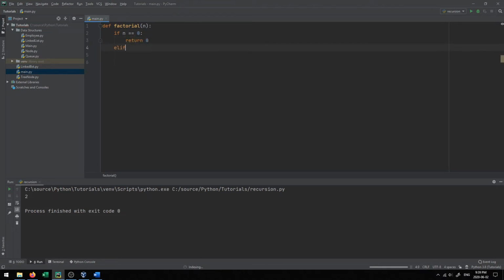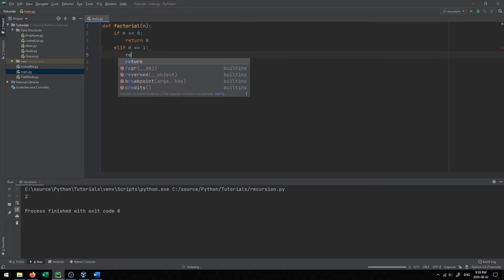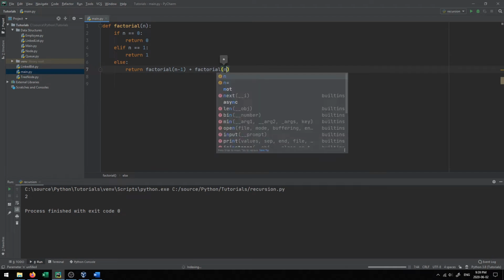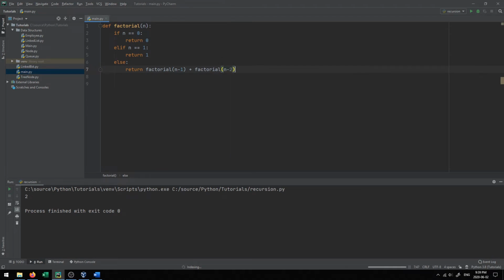If n is equal to 1, the function's value is going to be equal to 1. And then in all other cases, the function's value is going to be equal to the value of the function at n minus 1 plus the value of the function at n minus 2. So those are the three cases that we discussed there.